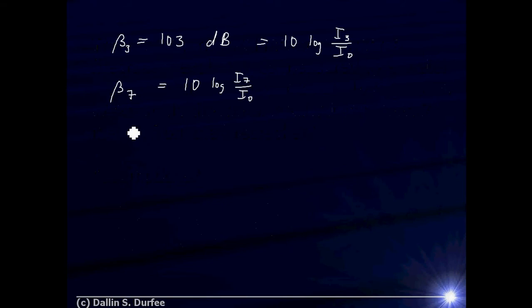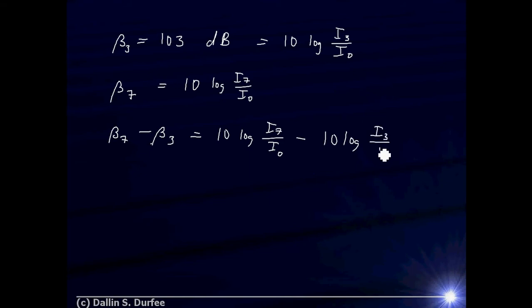Well, the great thing about logarithms is that when I take differences, they end up looking like ratios. So if I take beta at 7 minus beta at 3, the sound level at 7 meters minus the sound level at 3 meters, that's 10 log I7 over I naught minus 10 log I3 over I naught.